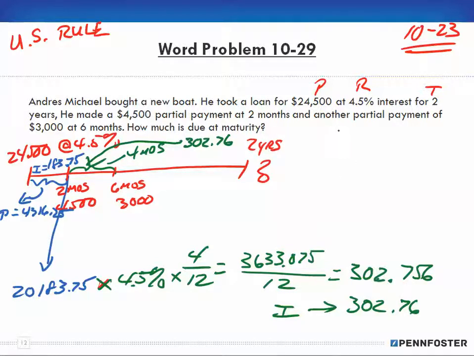Now we're making a payment of $3,000. So we subtract out the interest that's being paid up front.